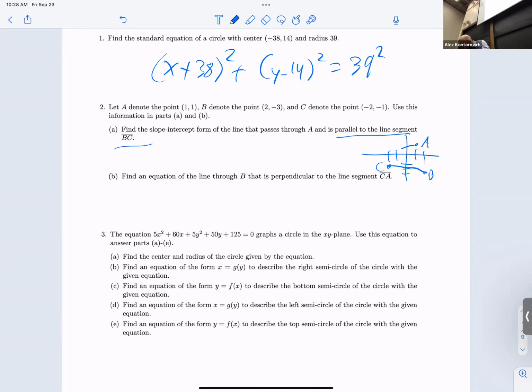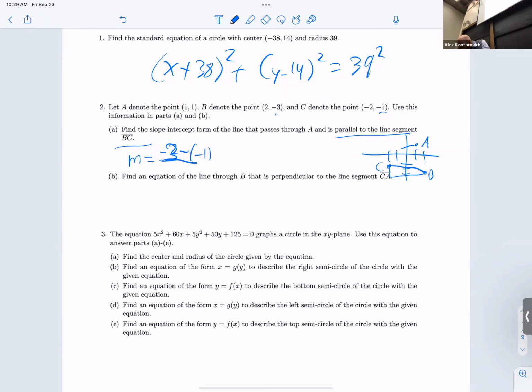So what's the slope of BC? The rise, let's say I'm going this way. The rise from C to B: C is at negative 1, B is at negative 3, so the rise is negative 2. And the run from C to B: let me write this out a little more precisely.